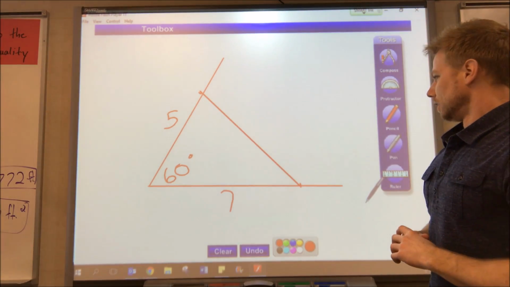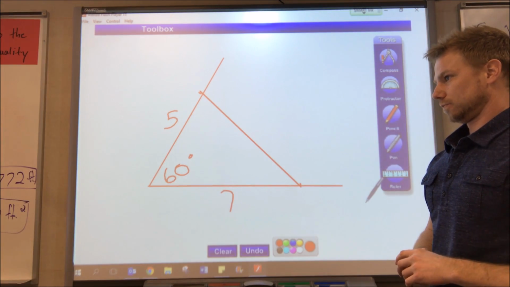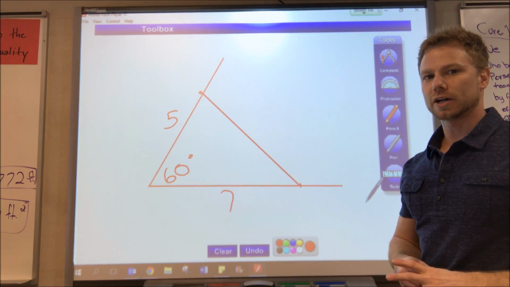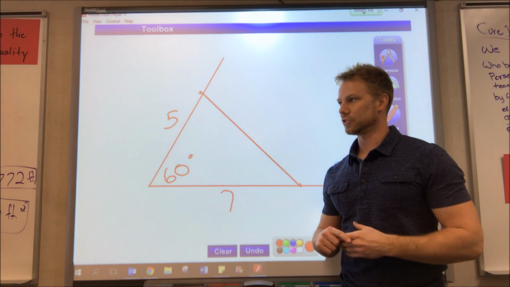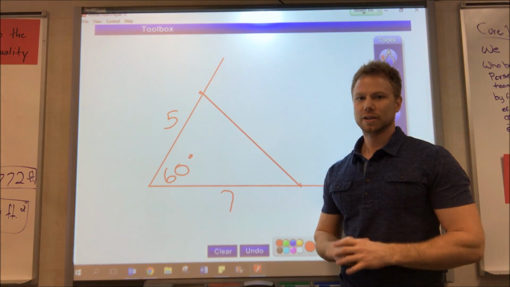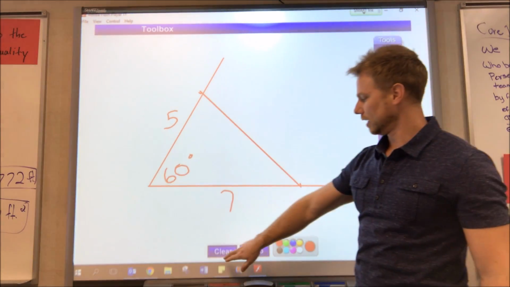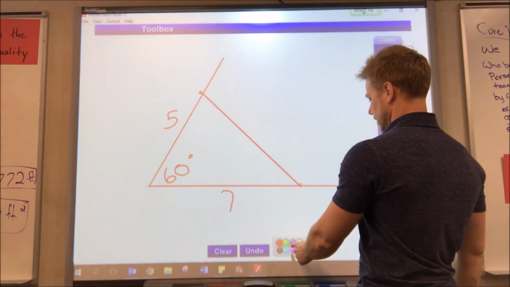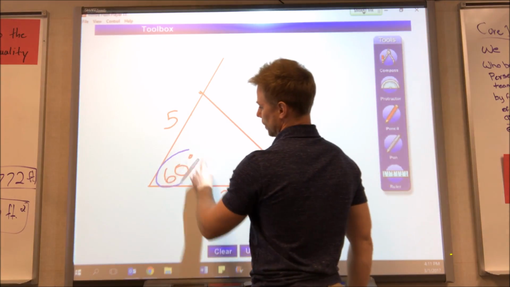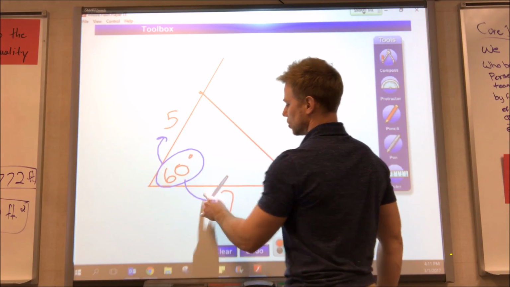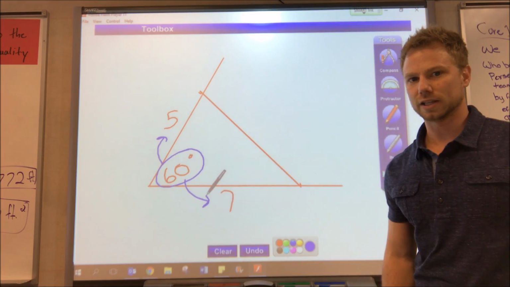Okay? There are two different kinds of triangles we're going to be talking about. We have triangles that have an included angle and triangles that have a non-included angle. Okay, if we have an included angle, that's when the angle is in between the two given side lengths.